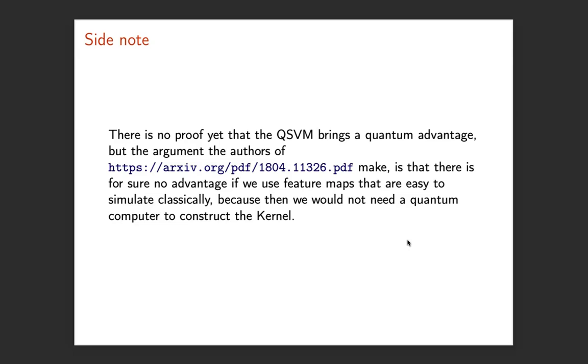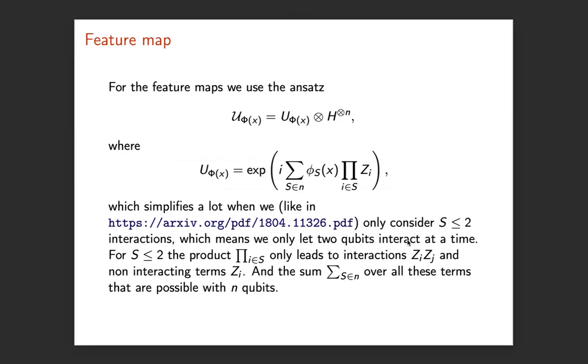Actually, the way you encode the data, the way you perform this feature map, is a big research field in quantum machine learning. So for the feature map, you end up with this ansatz which we discussed earlier, where this product here only leads to a type of interactions of c_i, c_j, and a non-interacting term c_i.